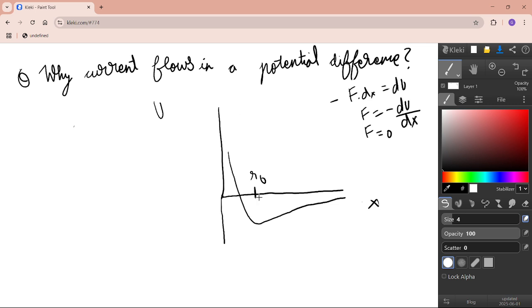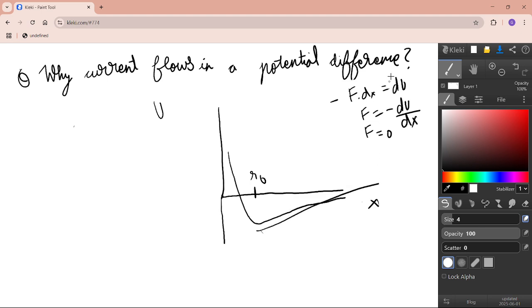If you take another molecule and go nearer than this R naught, you get a repulsive force, and it sends it back. Why? Because you see the slope is negative, and with the minus sign in front, negative and negative makes positive, so a positive force acts. And the positive force is defined, of course, to be a repulsive force.